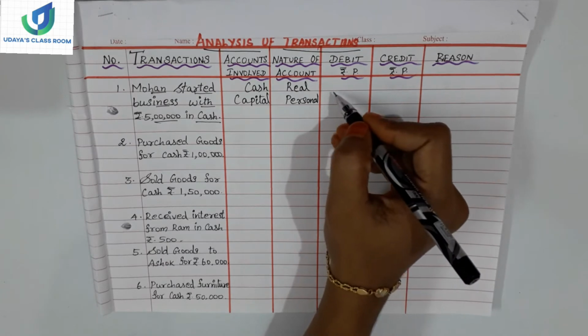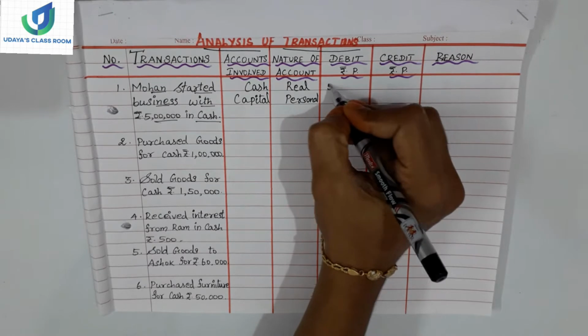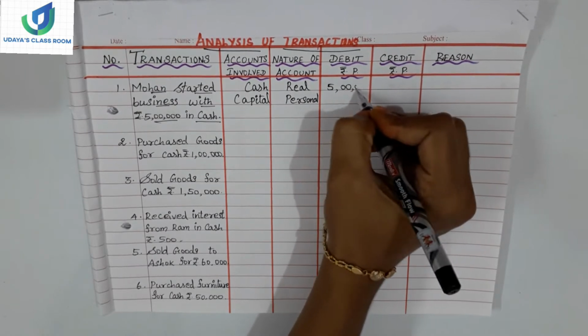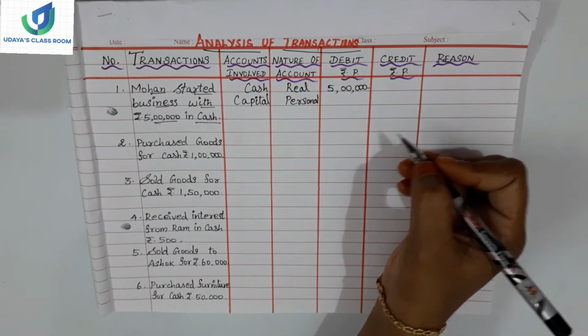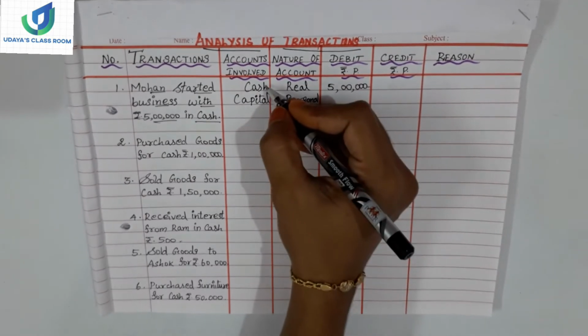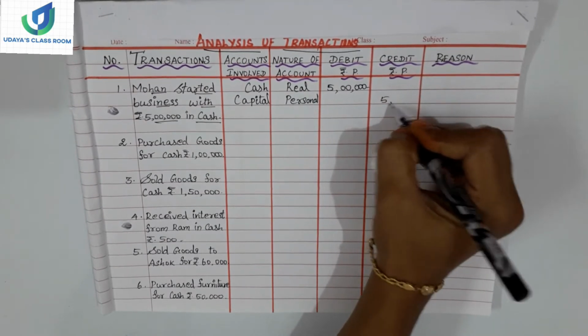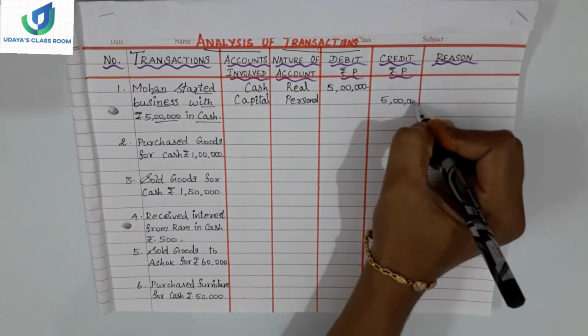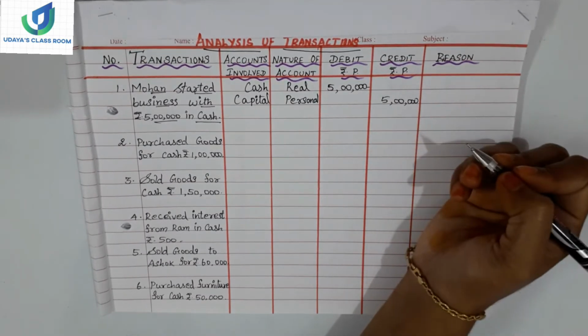So how much to be debited? Cash, 5 lakh to be debited. And how much to be credited in the personal account? That is cash to capital personal. Here 5 lakh to be credited, right?